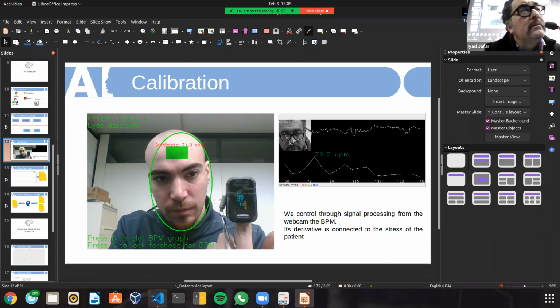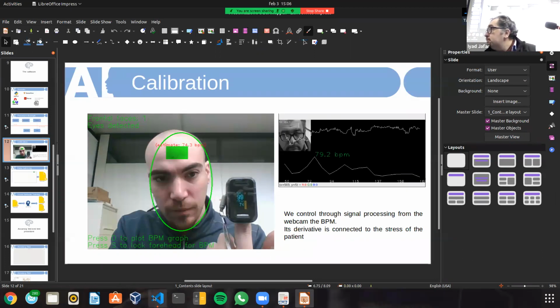We tested it with the Raspberry, and it goes at 70 Hertz, something like that.